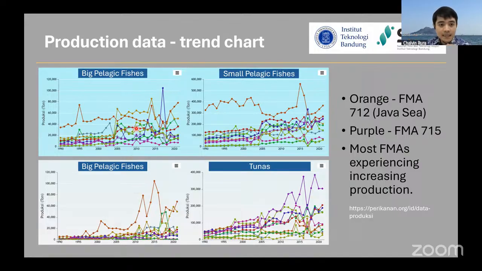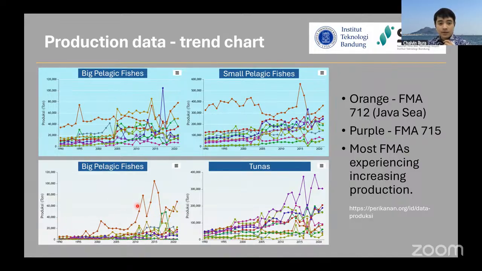So the different colors here are based on the different FMA. I only show four big categories: the big pelagic fishes, small pelagic fishes, demersal fishes, and tunas. And I only highlight maybe this orange one for the pelagic fishes.